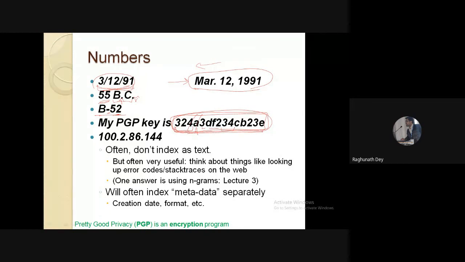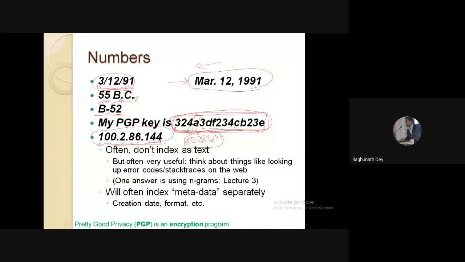Nothing will happen. An IP address, a machine IP address. There are several values. You cannot ignore any value or any number. Rather, you have to merge all these things and keep the same format. Otherwise, the meaning will be different. If you write like this, 100, 2, 86, then 144, the meaning is different.